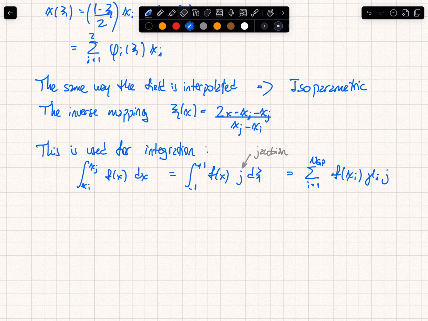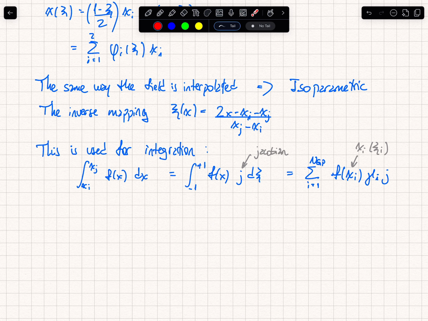Now notice that I wrote here xj, but it is actually x_i as a function of xi_i, because this is actually the quadrature point. And so that basically means that given a quadrature point in master coordinates, we're going to have to find what would be the global coordinate, so that I can evaluate this function.